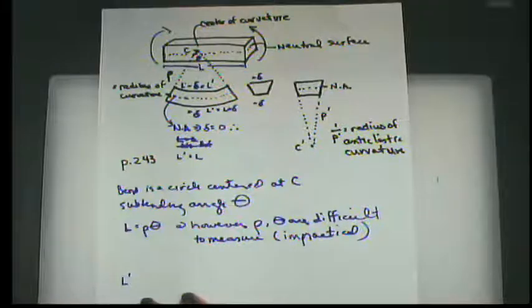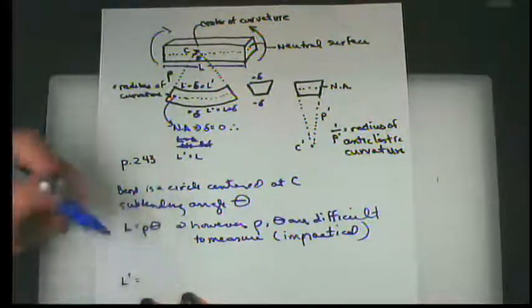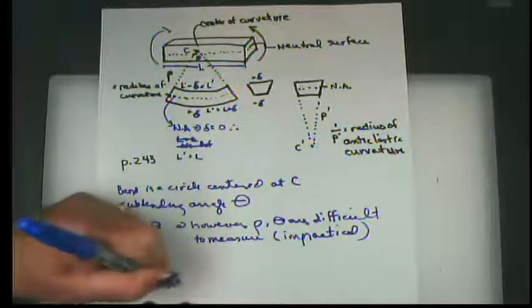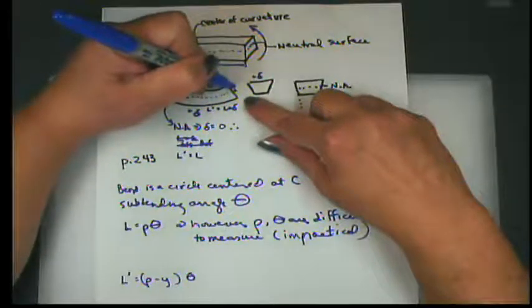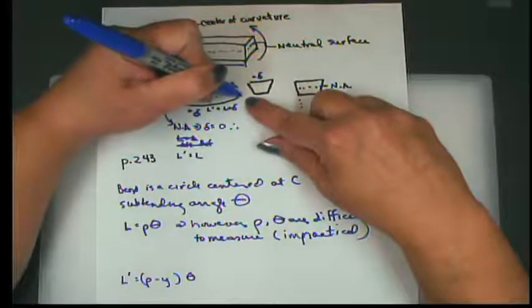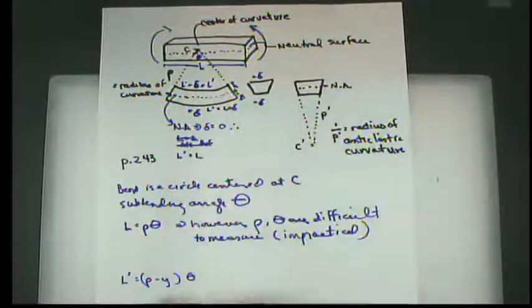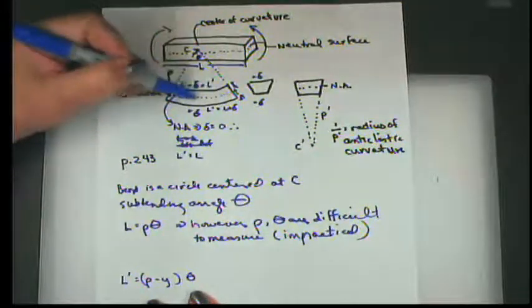So continuing with that thought, then we can say that L prime, whether it's above or below, is going to equal rho minus y times theta, where y is the distance above or below the neutral axis. So in other words, all of these represent concentric circles, where this circle is still going to have the same radius.